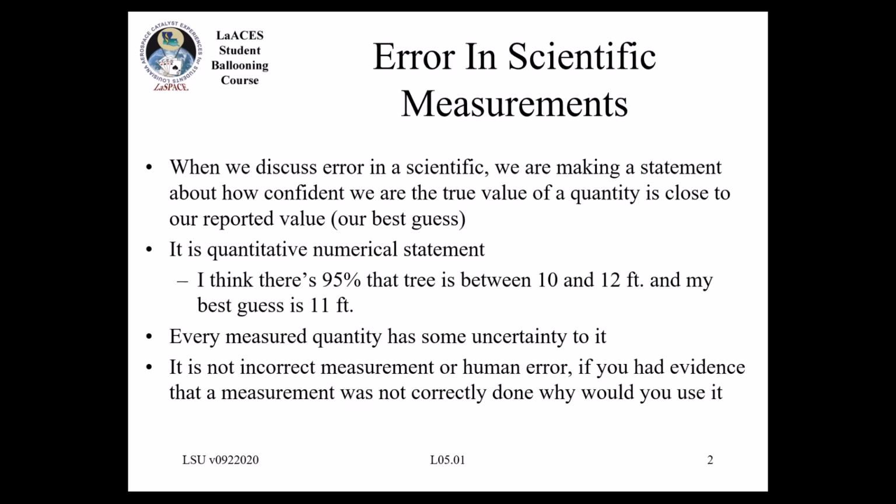But when we say error, we don't mean, hey, we made an incorrect measurement or this is just human error. If we thought there was something wrong with a measurement and we had evidence that there was something wrong, you would probably not want to use that measurement.